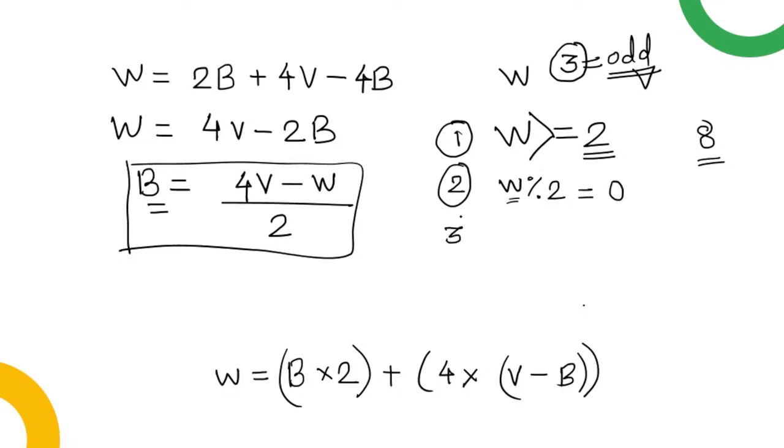Then the third condition is that the total number of wheels should be greater than the total number of vehicles. So these are 3 conditions we need to check, and if these conditions are true, then only we will consider whatever input the user has entered as a valid input. Otherwise we will display invalid input. So these 3 conditions we are going to write in our program.